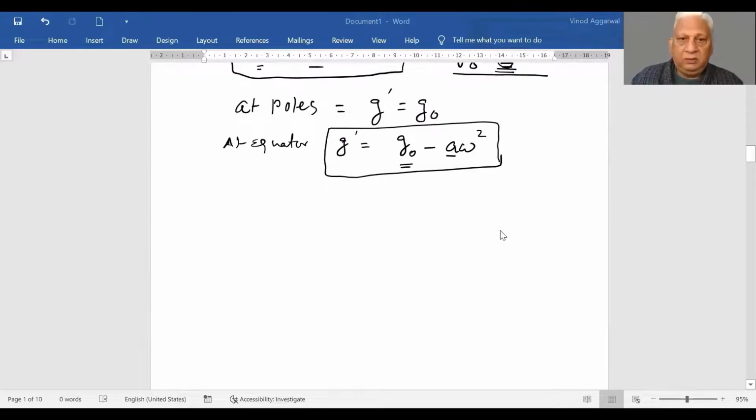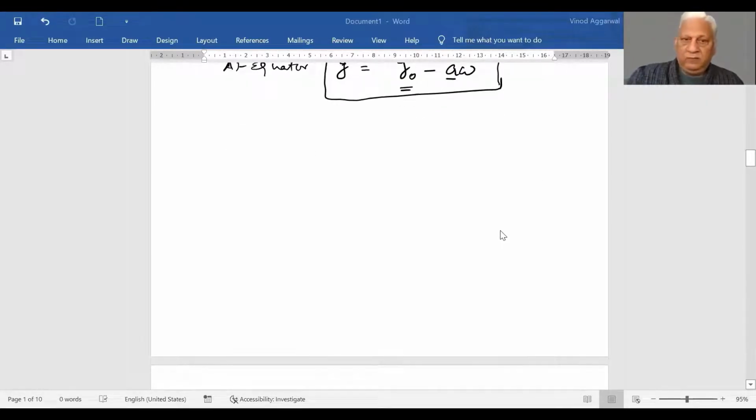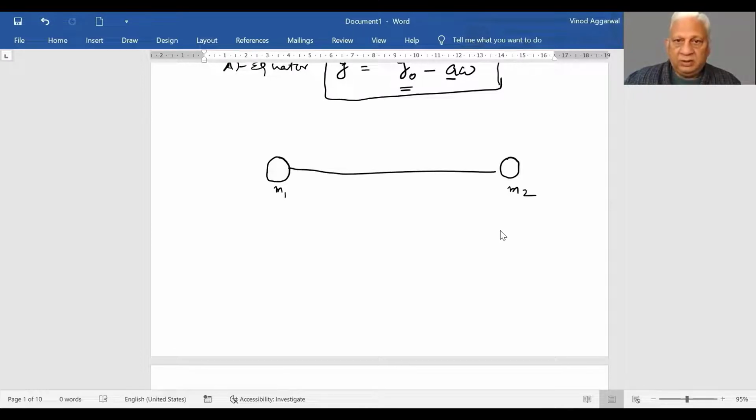Now let us find out the work done. Suppose these are two bodies, M1 and M2. They are separated by a distance A. We know the force of attraction is given by this.